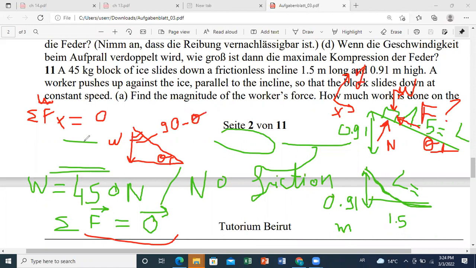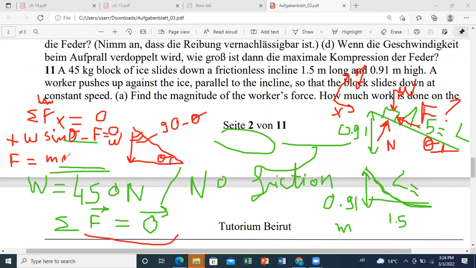So now, when you do the projection on x, you have plus w cosine(90 minus theta), or sine theta. So plus w sine theta minus the force you apply equals 0. So your force F should be equal to mg sine theta.